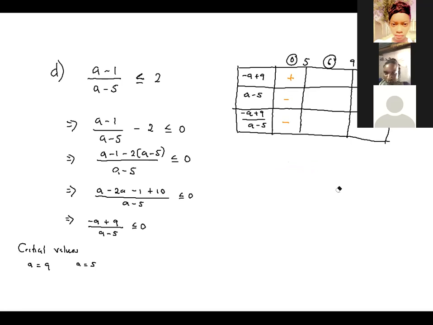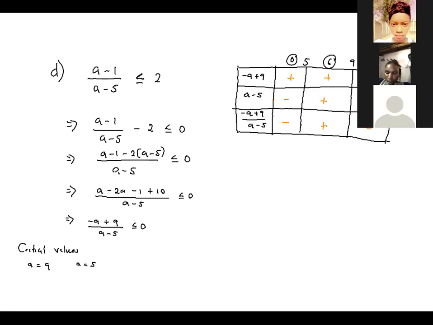So when we take 6, again we'll have positive, because it will be negative 6 plus 9, which is positive, and then 6 minus 5 again, positive. When you divide, you get positive. Then 10, you have negative, positive, negative.